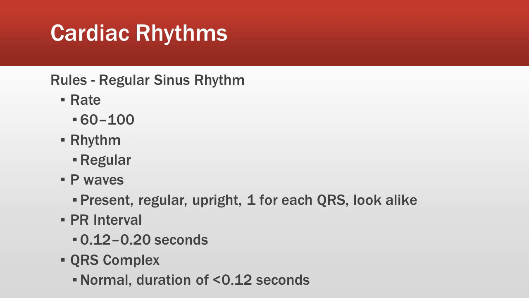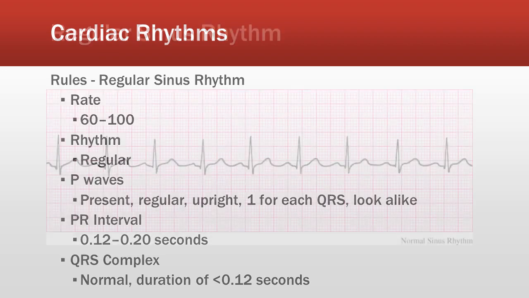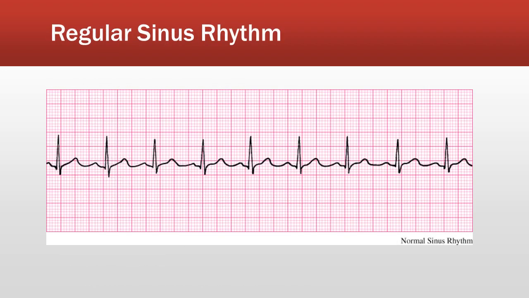The PR interval is 0.12 to 0.20, and the QRS complex duration is less than 0.12 seconds. And that rhythm looks like this, which is a normal sinus rhythm. That's how you apply the 5-step rhythm recognition process.